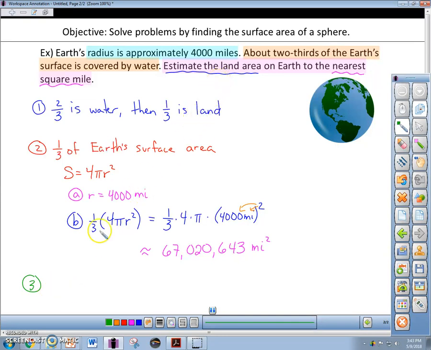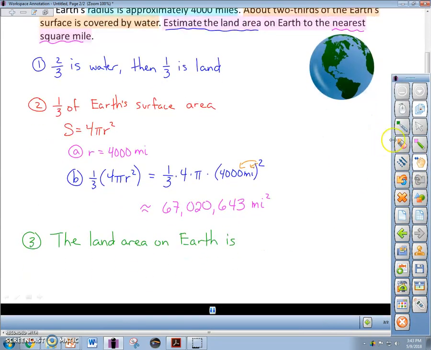So we're estimating the land area on Earth. So the land area on Earth is about 67,020,643 square miles.